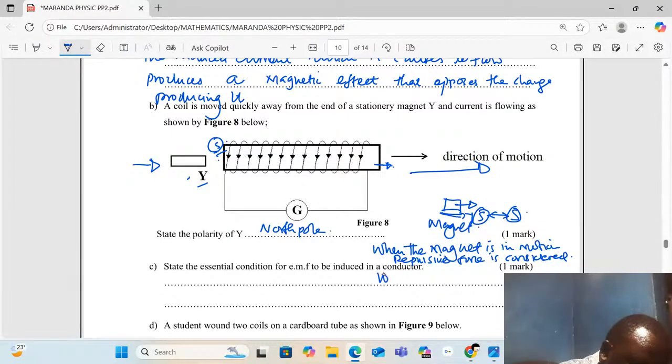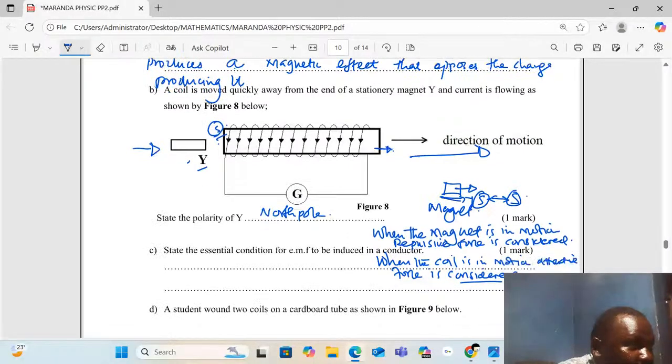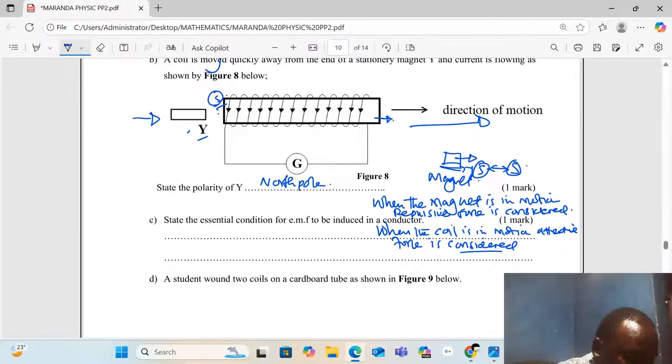And when the coil is in motion, an attractive force is considered. So that is something you are supposed to put into your mind the moment you are asked about this.